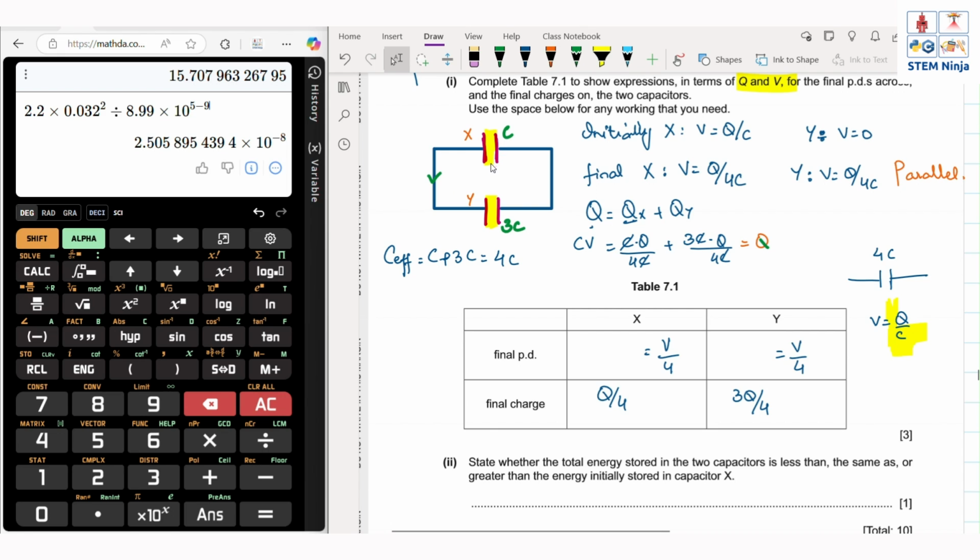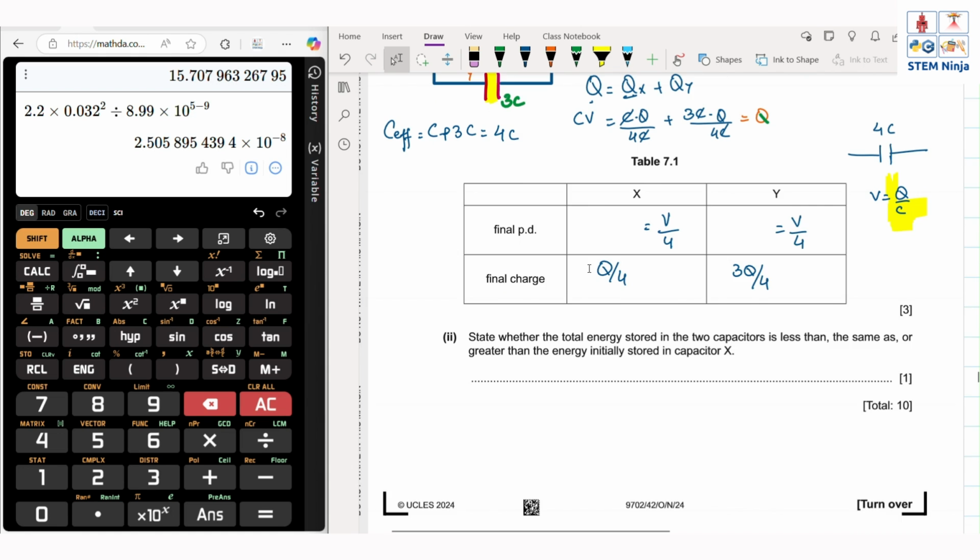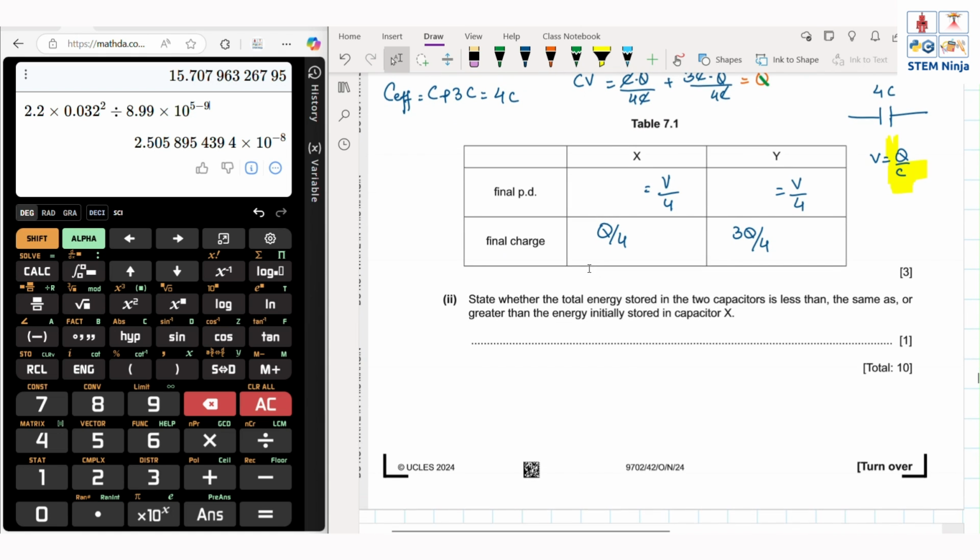Practically speaking, the wires do have some resistance, so some energy will be lost. Ideally they'd have no resistance, so the total energy would be the same before and after, but practically no. So less energy than before, initially in X.